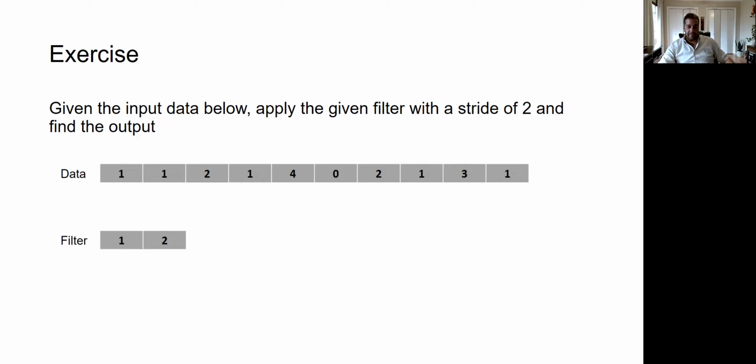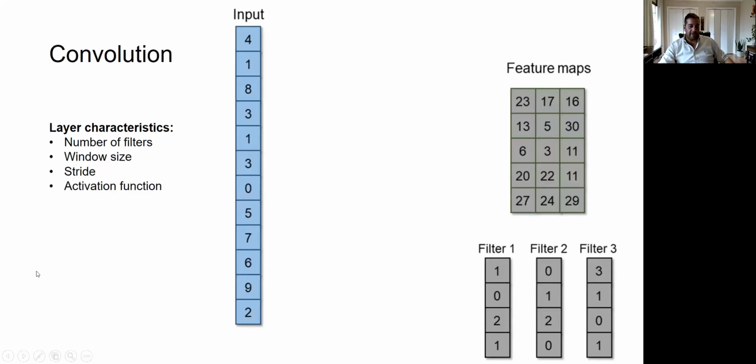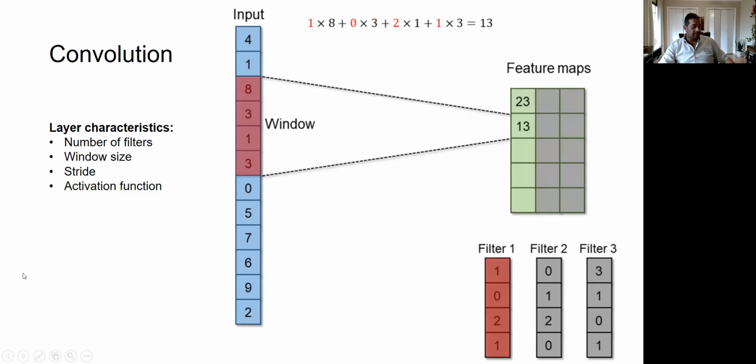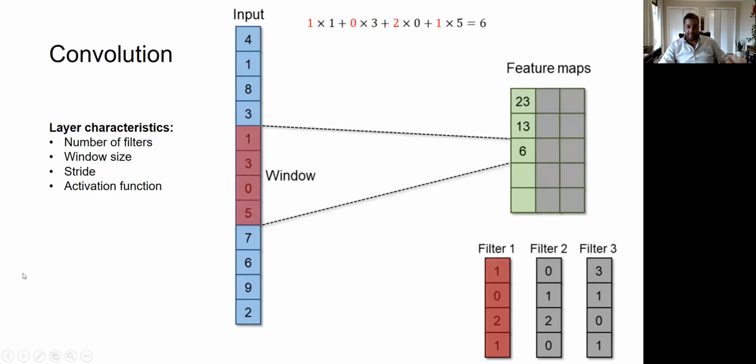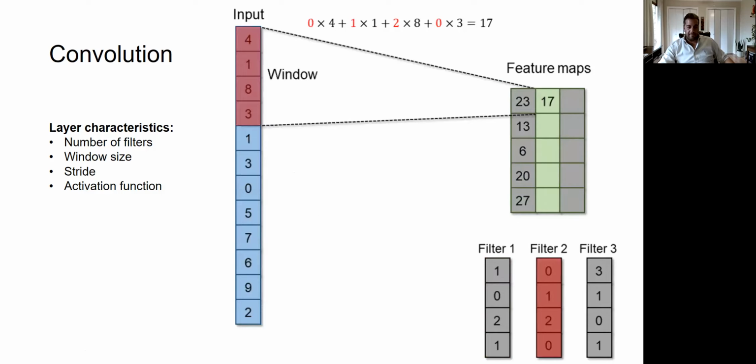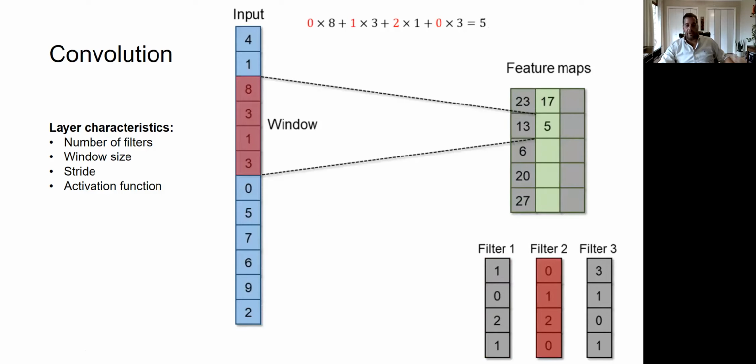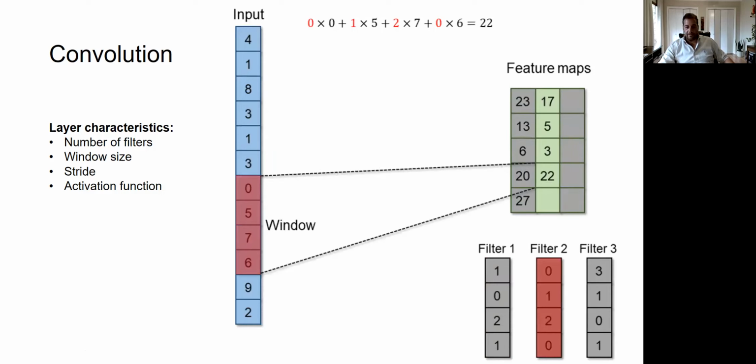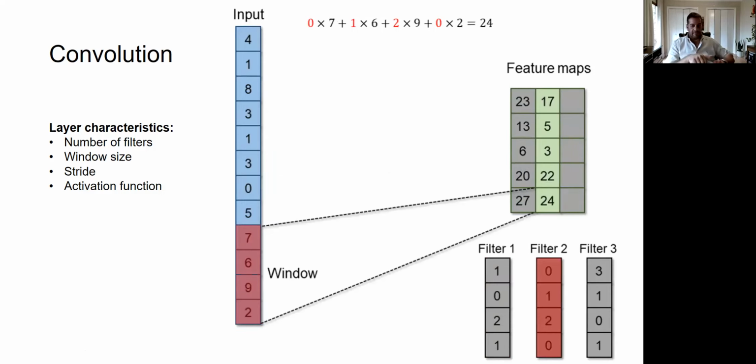Everyone has the numbers? Yeah. All right. Okay, I'm going back to this slide and let's take 5 minutes. Now this has 3 filters. In your exercise, there's only one.